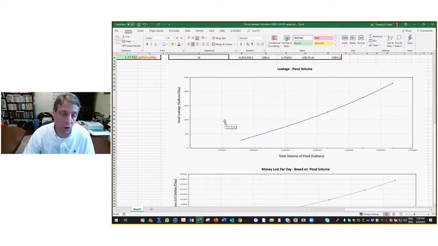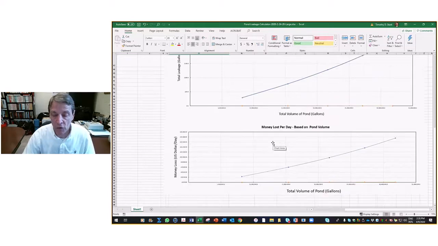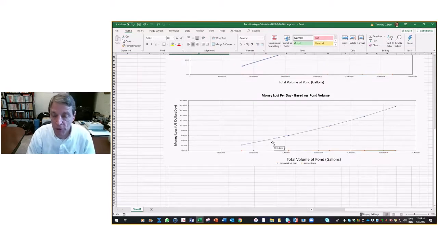So if they want to always maintain a certain volume, they can come in at a leakage rate to keep that volume and figure out what total volume of pond would give them that constant volume. And then the final graph is the money lost per day based on pond volume.